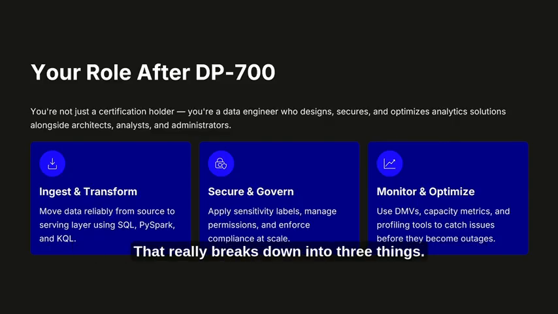That really breaks down into three things: ingesting and transforming data reliably using SQL, PySpark, and KQL, securing and governing it with sensitivity labels, permissions, and compliance, and monitoring and optimizing it using DMVs, capacity metrics, and profiling, catching issues before they turn into outages.